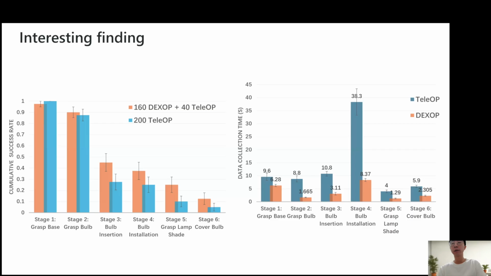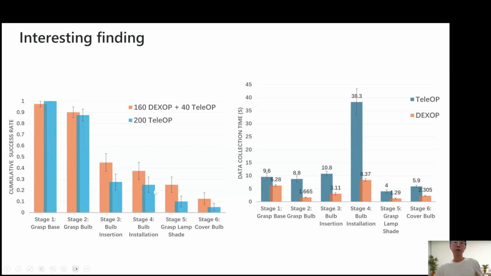But usually people consider teleoperation data as a better source of data because they think there's completely no embodiment gap. Then how could our policy be even better than that?